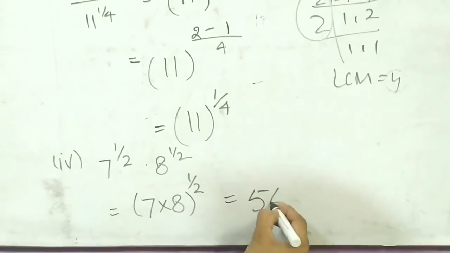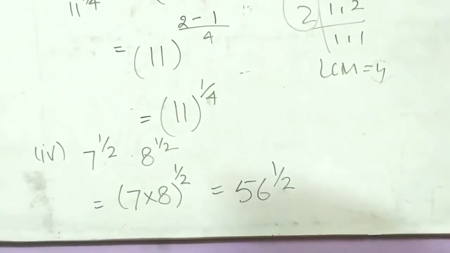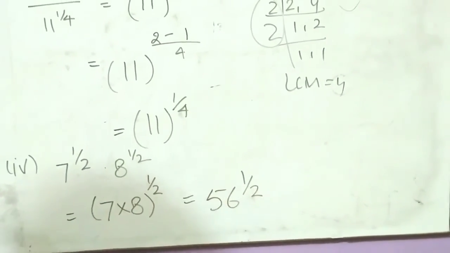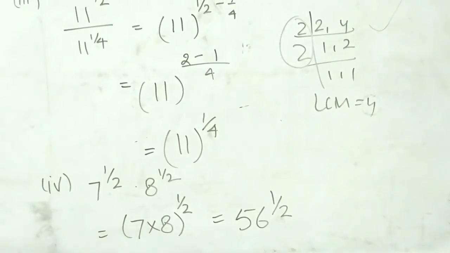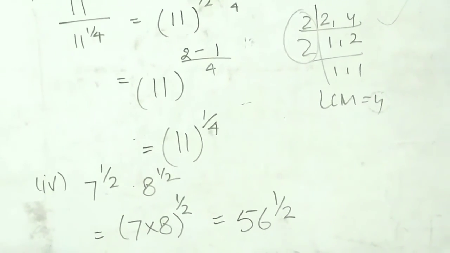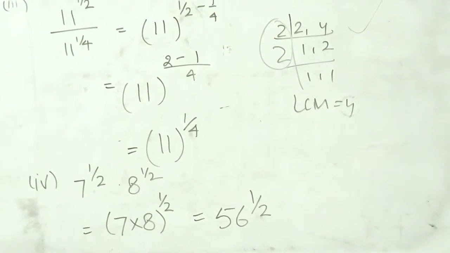Then you will get 56 to the power half, because 56 you cannot write in the form of powers of 2, so this is your answer. So your 1.6 is completed. Please do your homework. And now first exercise is completed totally.